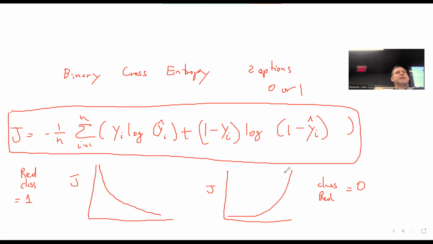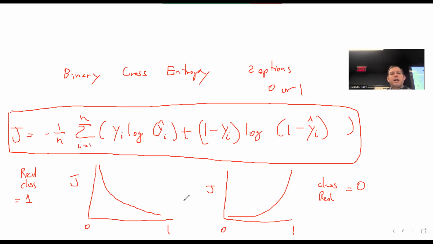This is 0, this is 1, this is 0, this is 1. When the class is 1, over here, we minimize the function like this, so as we start going down, we minimize. And on the other side, if we want it to be 0, we get this behavior here.